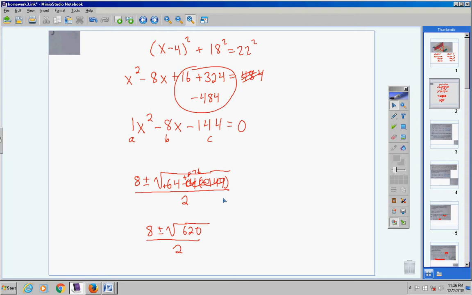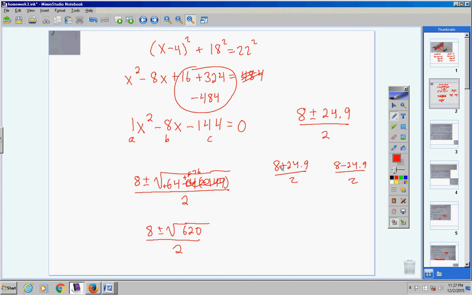I'm going to put 24.9. So now I have 8 plus or minus 24.9 all over 2. Let's split that up. 8 plus 24.9 all over 2. 8 minus 24.9 all over 2.